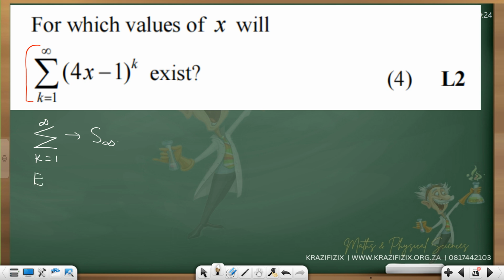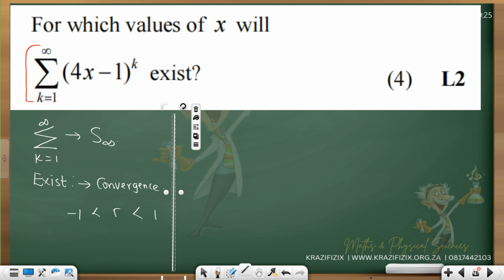Now when they say it exists, it means they are saying convergence. Let's see where it will exist. And for it to exist, that is the rule of convergence. We did all of this.